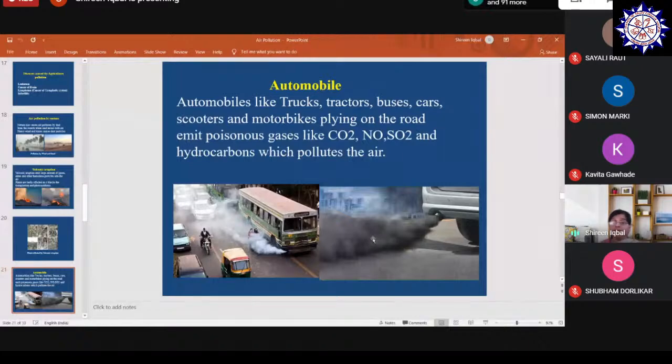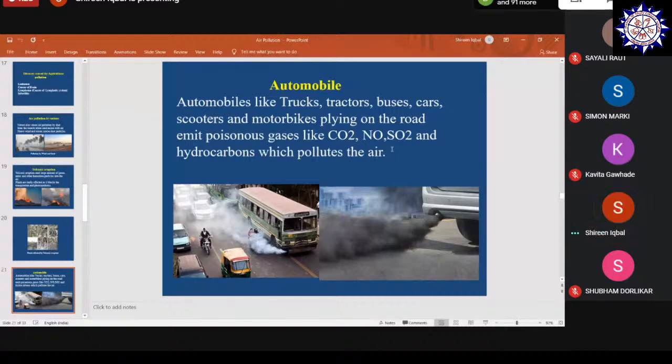Again, it contains poisonous gases in. Those are carbon dioxide, nitrogen oxide, sulfur dioxide, and it contains hydrocarbon which pollutes the atmosphere.